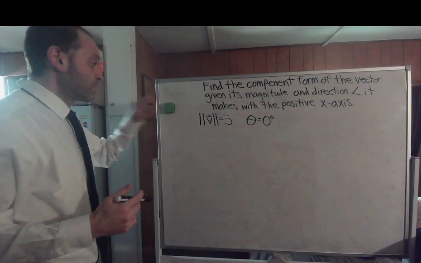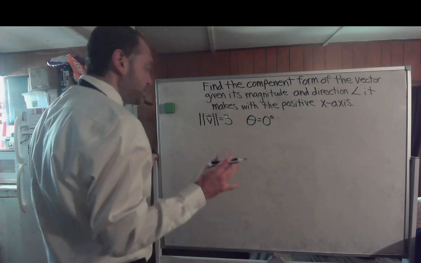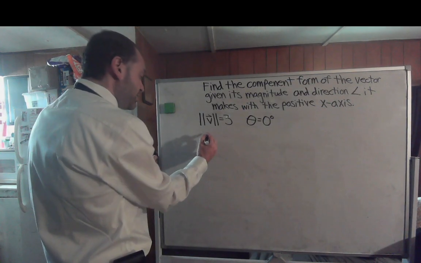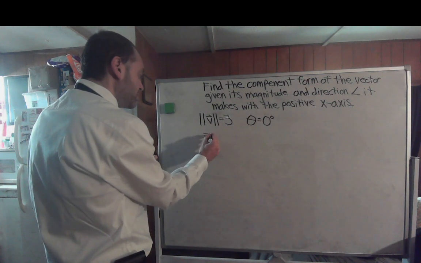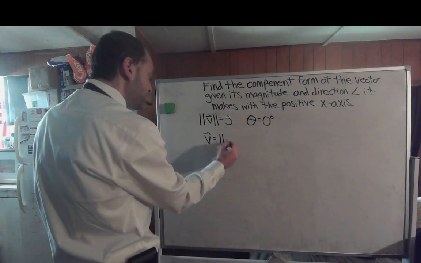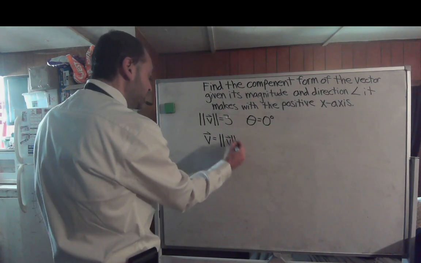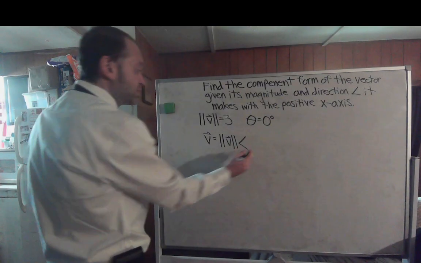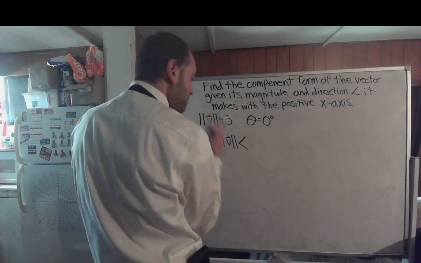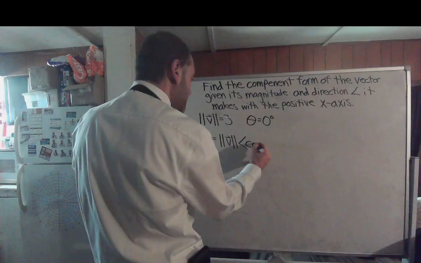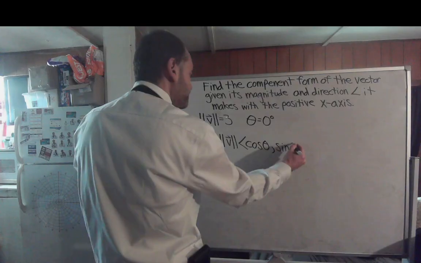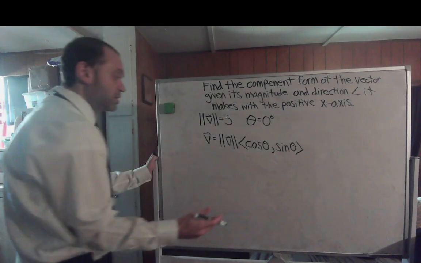So, remember how I said earlier in the lesson that vector v in trigonometric form can be expressed as the magnitude of vector v times the quantity, a scalar multiple, of the cosine of theta and then the sine of theta in component form.